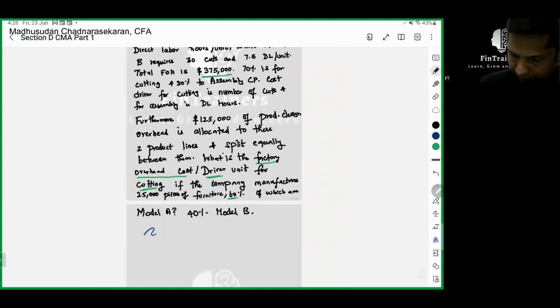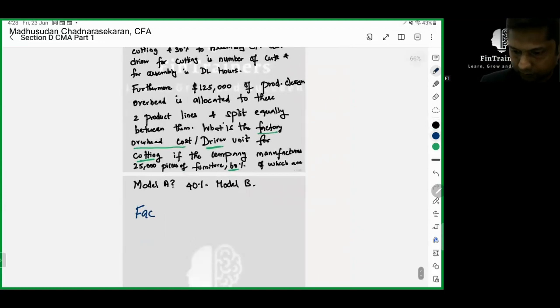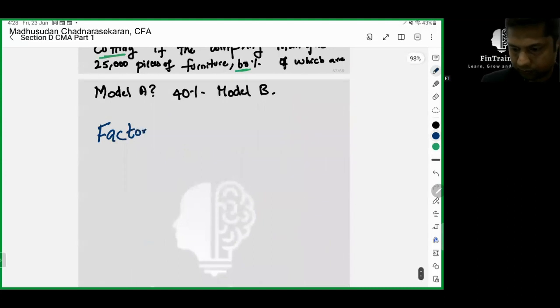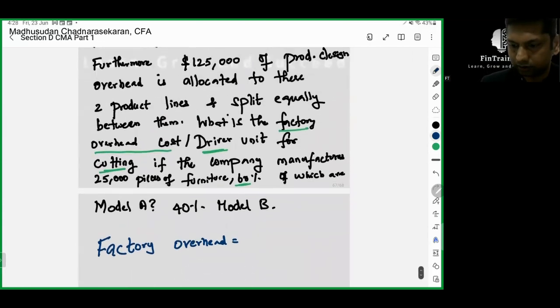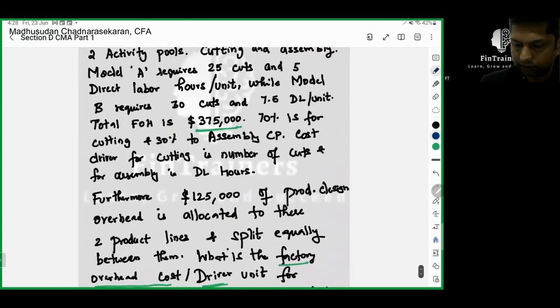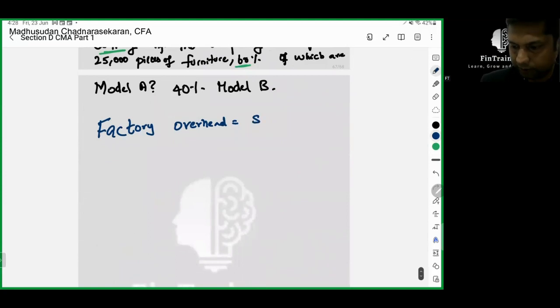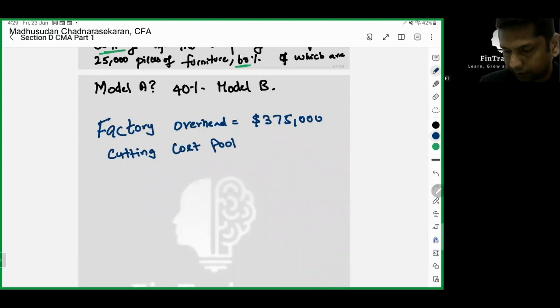So the total factory overhead, what was the cost? 375,000. Out of which the cutting cost pool gets 70%, correct? 70% of the factory overhead goes to cutting activity.